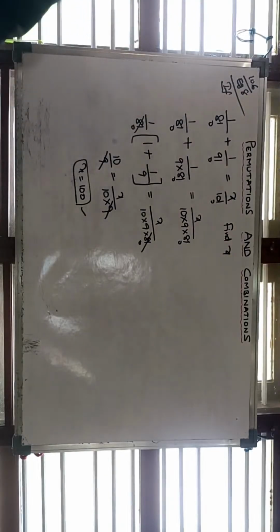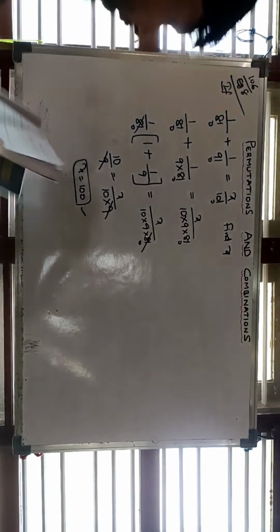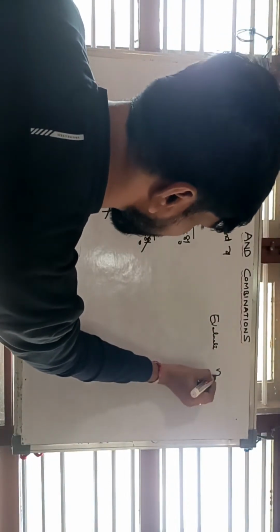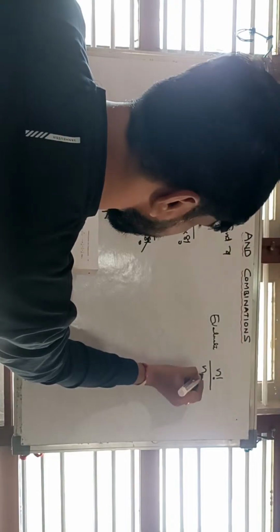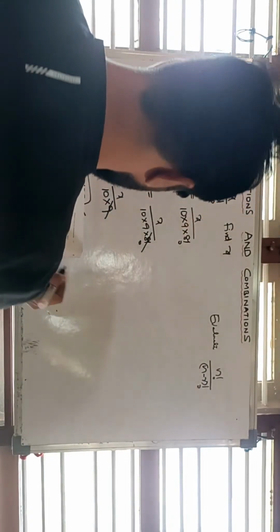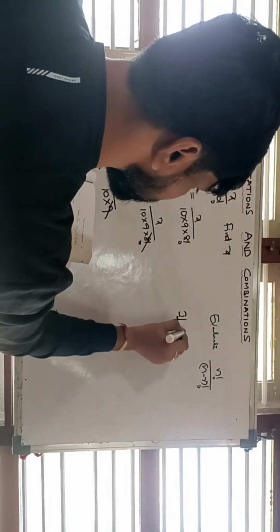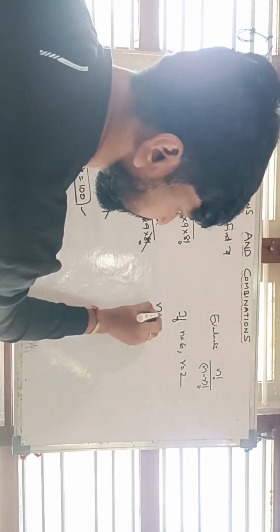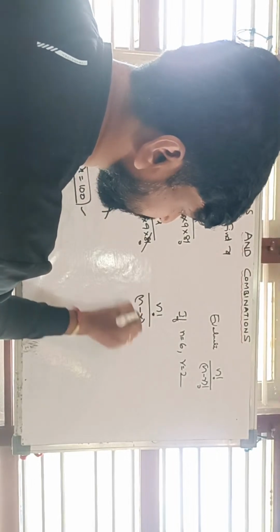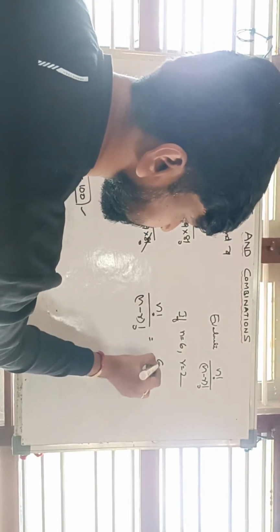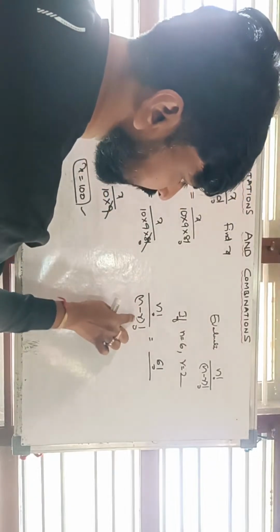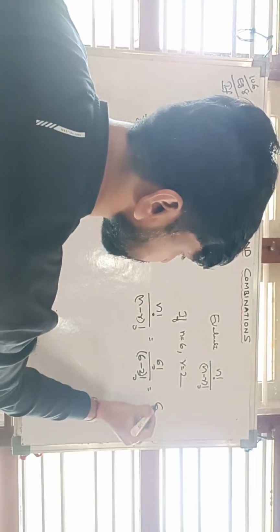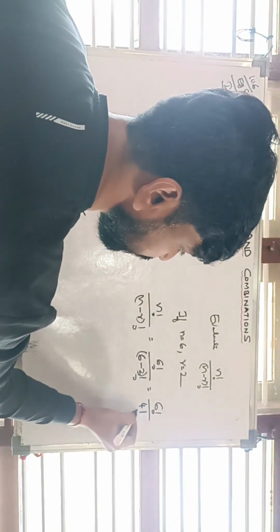And one more model they usually ask, for 1 mark or 2 marks: evaluate n factorial by n minus r factorial, where n is equal to 6, r is equal to 2. These kinds of sums are very easy. n factorial by n minus r factorial can be written as 6 factorial by 6 minus 2 factorial, which is 6 factorial by 4 factorial.